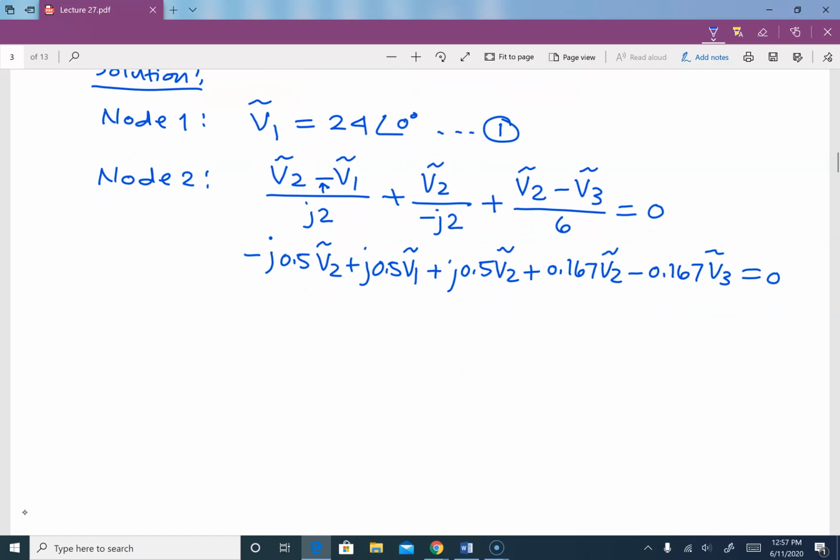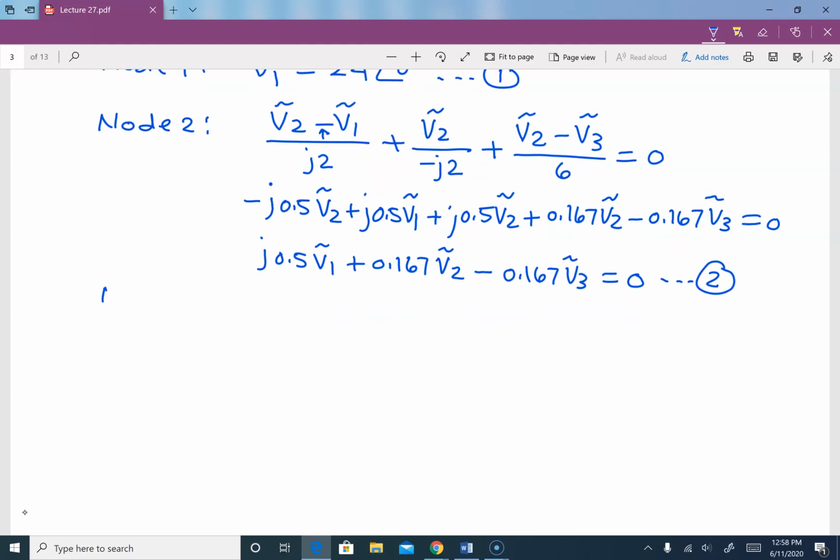Now we collect terms, so we will have J0.5 V1 plus 0.167 V2 minus 0.167 V3, and that is equal to 0. And this is our second equation.